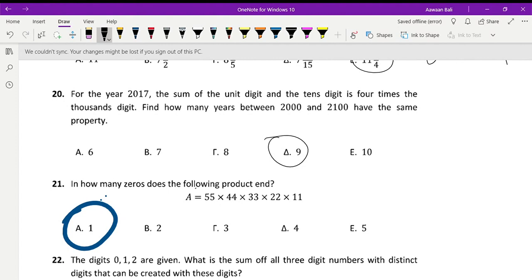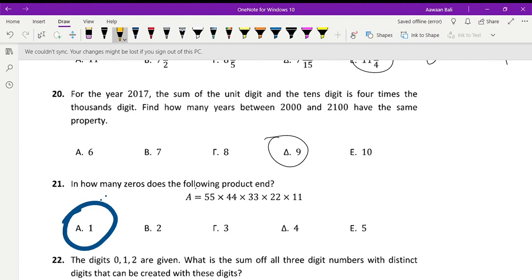For the year 2017, the sum of the unit digit and the tens digit is 4 times the thousandth digit. Find how many years between 2000 and 2100 have the same property. So basically, to find this property, you have to look at it. The thousand digit is 2, which means the sum has to be 8 always, since 2 times 4 is 8.